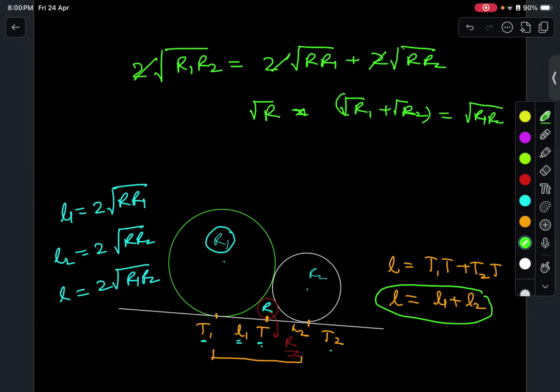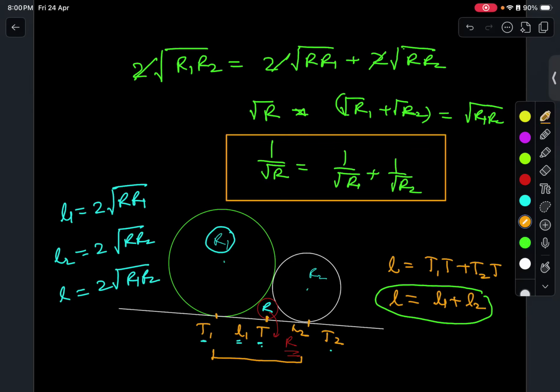Or smartly we can just remember this: 1 by root of R is equal to 1 by root of R1 plus 1 by root of R2. This is the result you can remember or use.